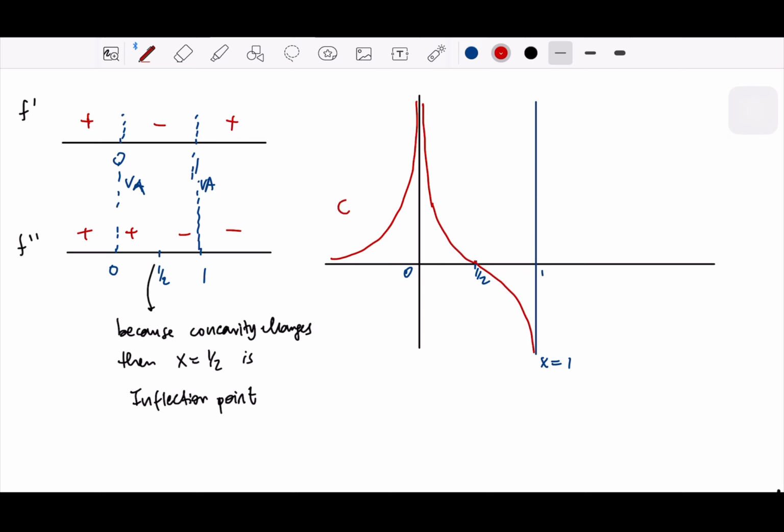So this is concave upwards, and this is concave downwards. And then the right part, we are going to have an increasing. It has a direction like this, but it's going to be negative in the second derivative. So downward.